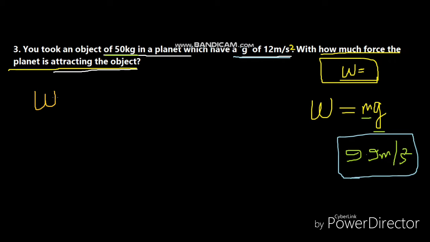So let me put the values here: weight W equals mass times g, and the mass is 50 kilogram. I'm not writing the units here. So 50 times the gravitational acceleration g, which is 12 meter per second squared, so I will put only 12 here. By solving this equation we get the result, 600 newtons.